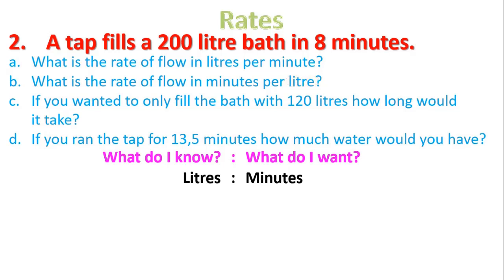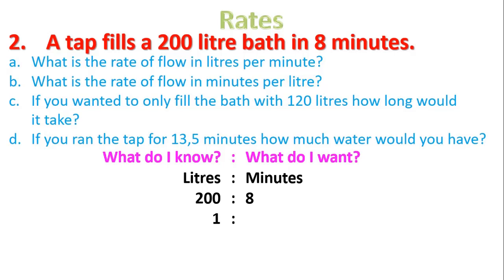Let's look at our information at the top. My liters, it's 200 liters. And it takes 8 minutes. Now, how many liters do I actually want? It's per liter, and so that's for 1 liter.